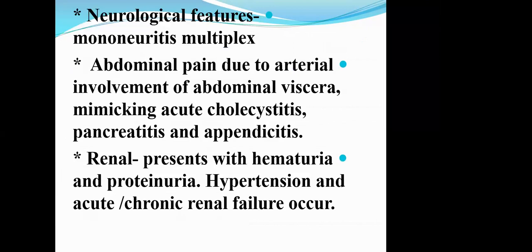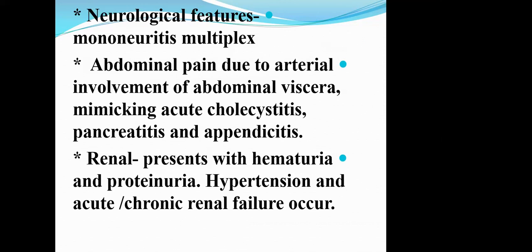We have many manifestations according to the organ or system involved, like neurological, like mononeuritis multiplex, and abdominal pain. If there is involvement of abdominal viscera, it may mimic acute cholecystitis, pancreatitis, appendicitis, according to the organ which is involved.